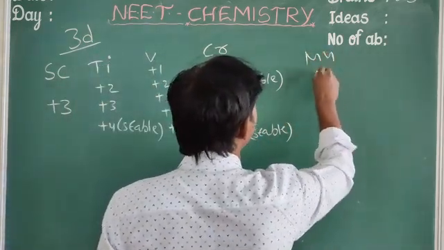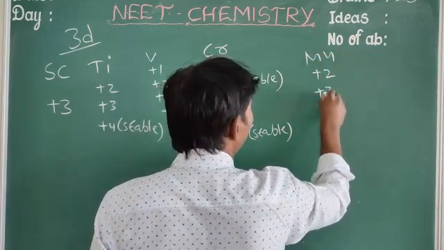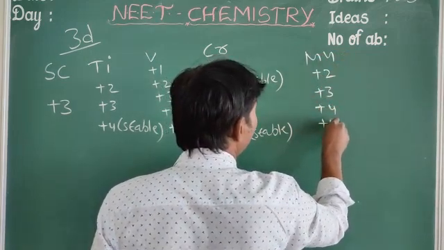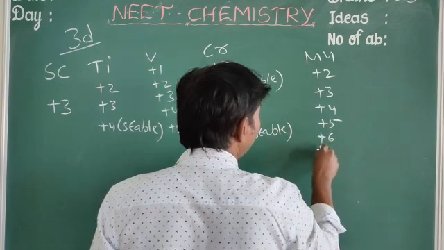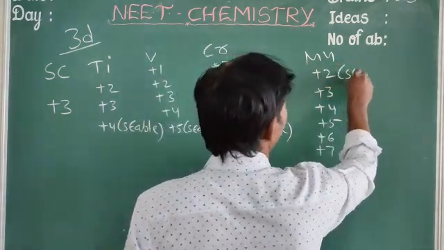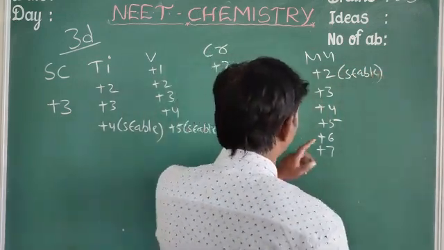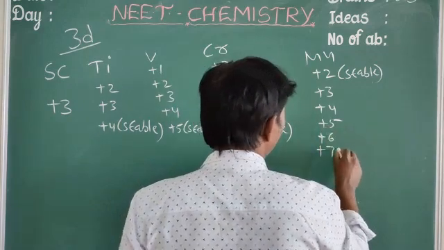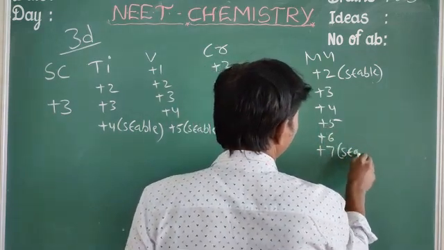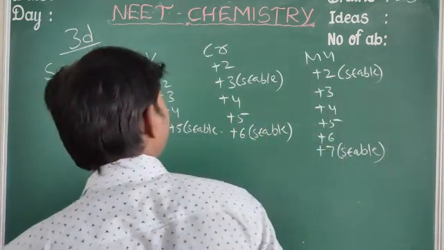Manganese shows +2, +3, +4, +5, +6, +7; +2 is stable, and +7 is also stable.